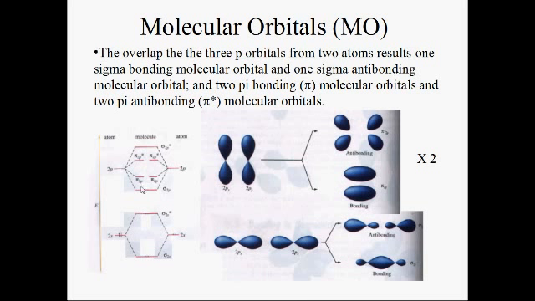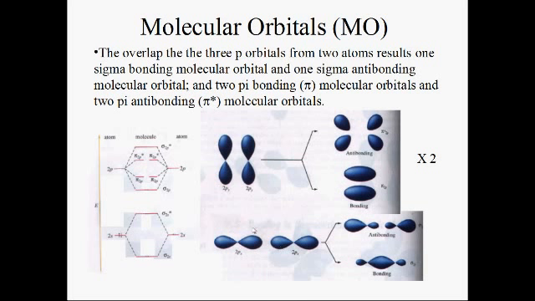Now we're showing the 2p blending together, where we're going to have 3 2p orbitals from each atom. That's a total of 6 atomic orbitals, so we're going to create a total of 6 molecular orbitals also. So for most elements, when we blend them together, the sigma is going to be the most stable. So that would be this version down here where the 2p orbitals are lined up with the bond axis.